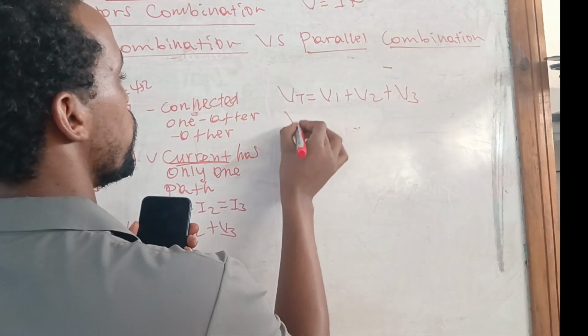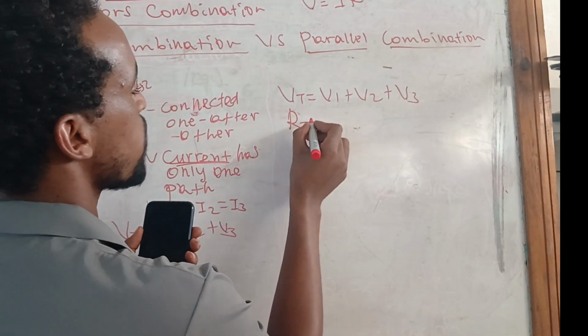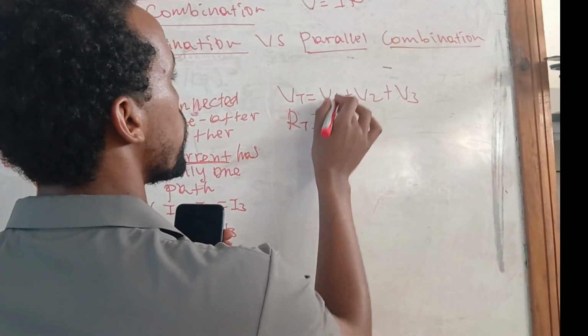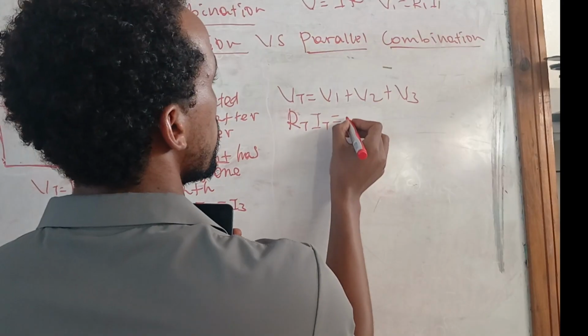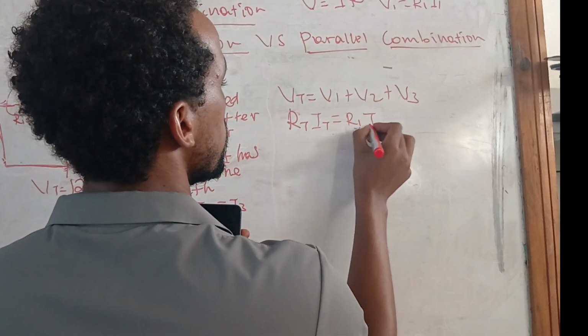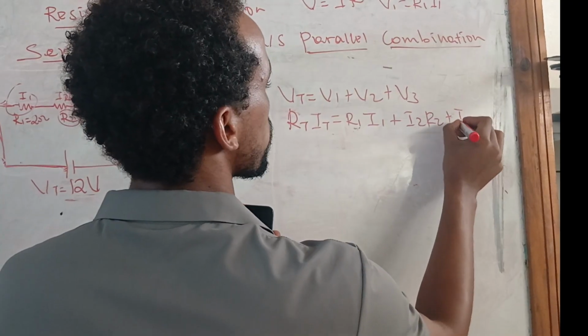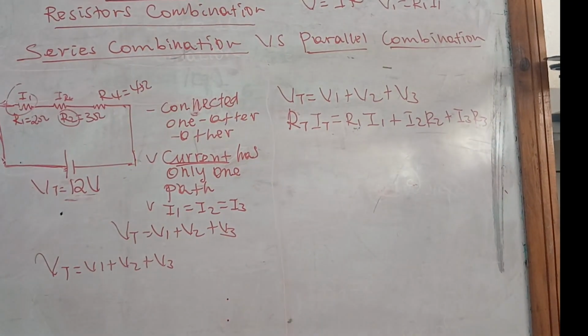So V total, which is R total, the resistance in the circuit, times the current flowing through the circuit, is equal to V1, which is R1 times I1, plus I2 R2 plus I3 R3. This is how to find the total voltage.